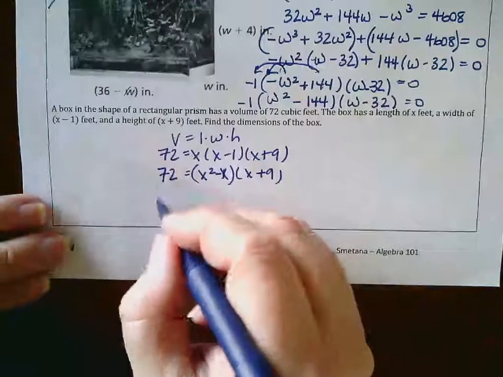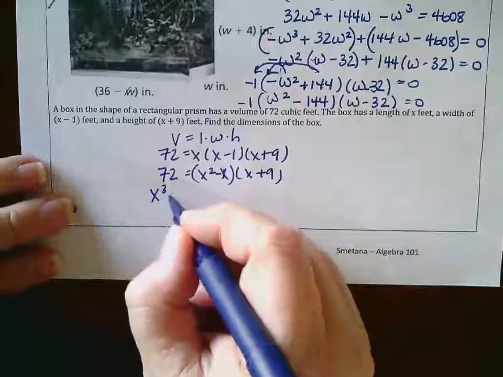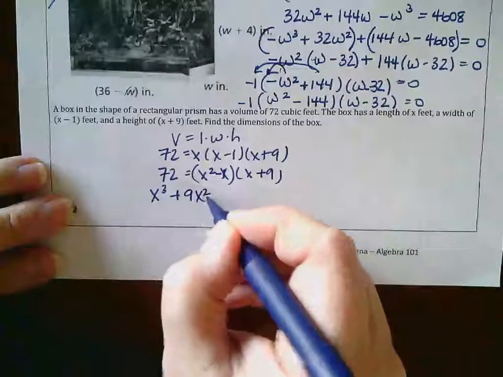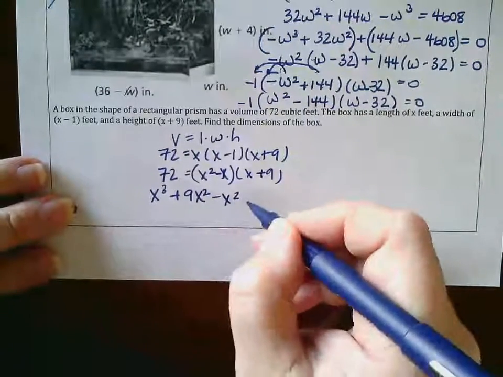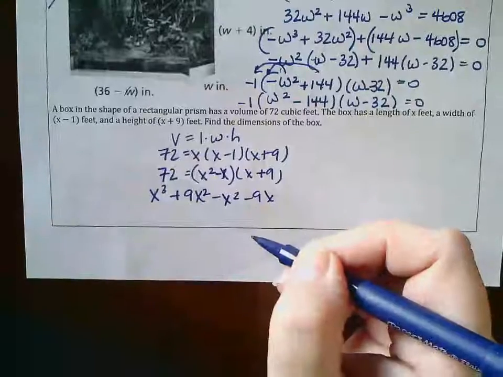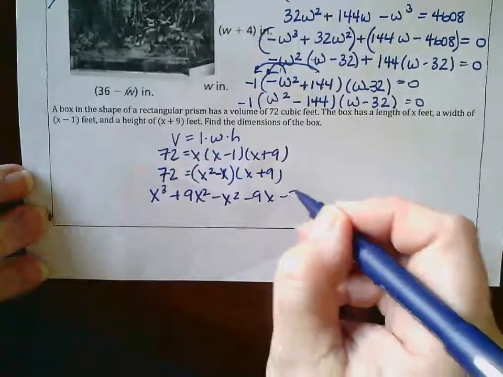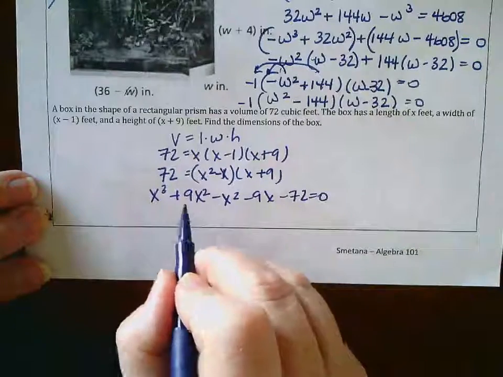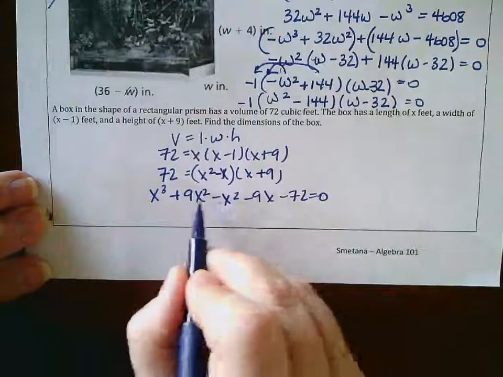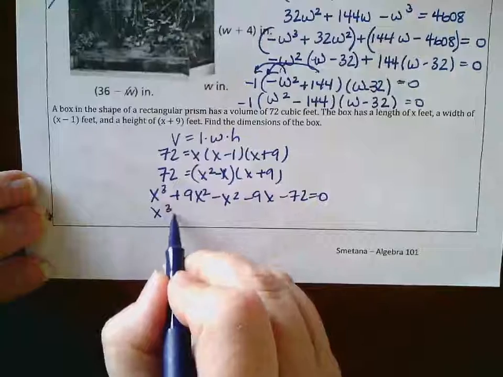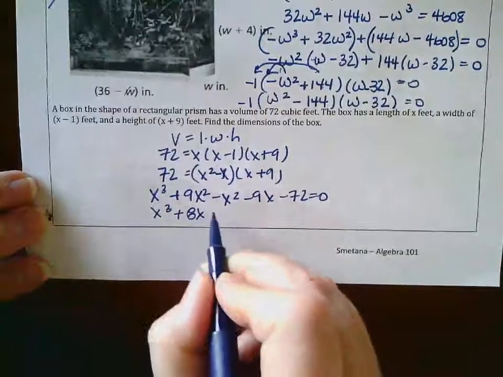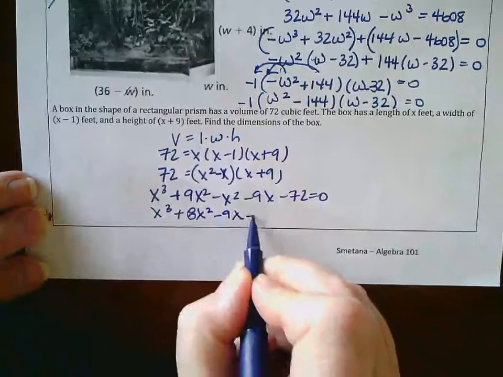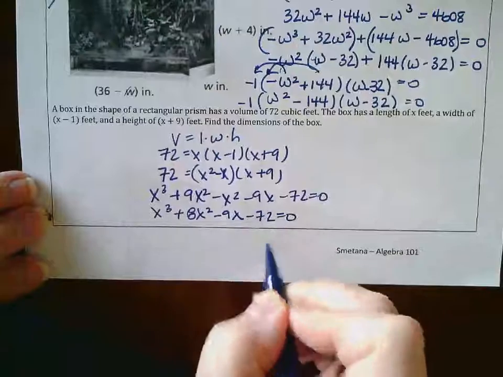When you're done with all that, you will get x cubed plus 9x squared minus x squared minus 9x minus 72. Combine your like terms here. x cubed plus 8x squared minus 9x minus 72 equals 0.